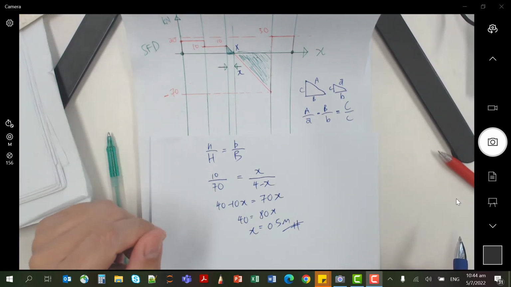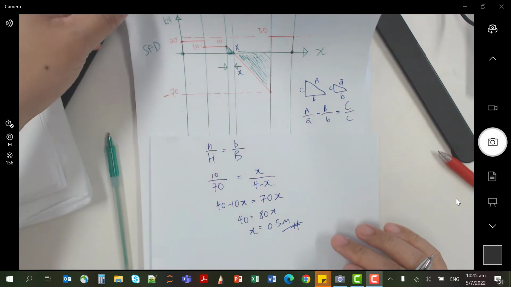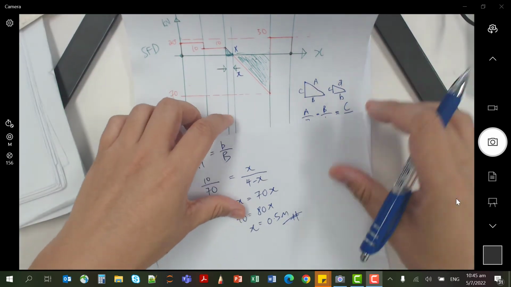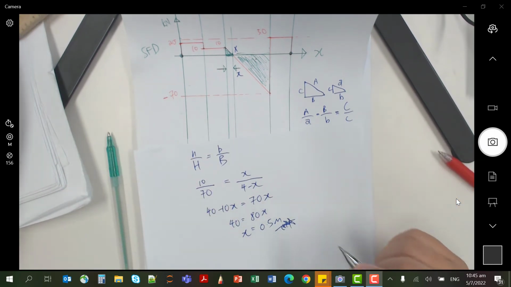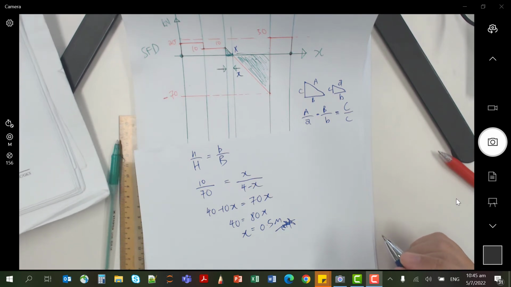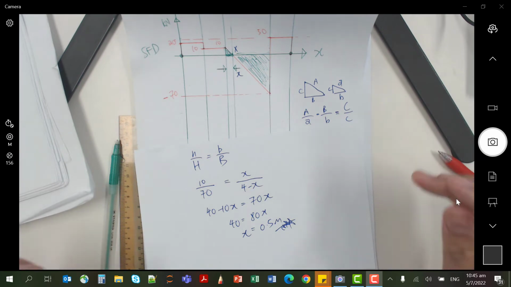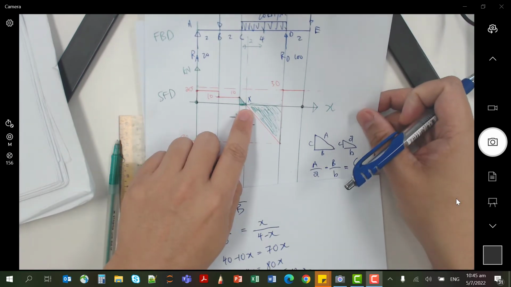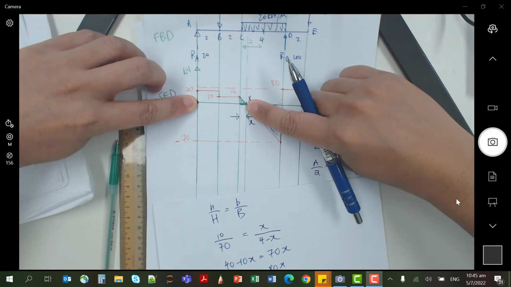So we managed to find the zero shear force. But this is not the answer because you have to follow the question. The question is to determine the position of the zero shear force from A. So this is the answer, not this one.